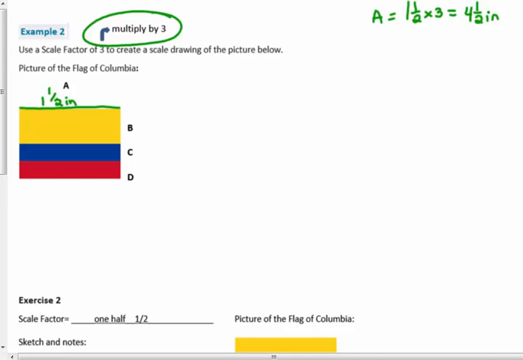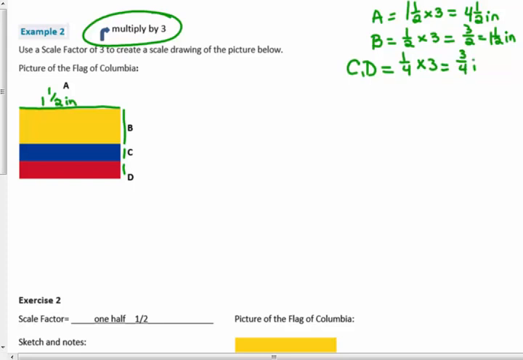B, when I measured this little B section here, was 1/2 inch. So 1/2 times 3 gives me 3/2, or in simplest form, 1.5 inches. D and C are exactly the same. They're tiny, 1/4 inch. So C and D are both 1/4 inch times 3, which gives me 3/4 inch.